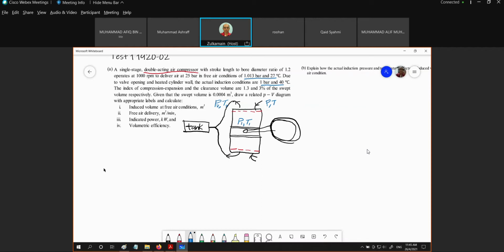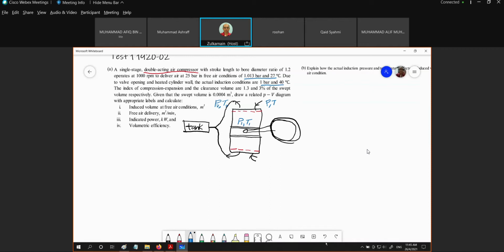We know that the bore D divided by length of stroke L is given as 1.2. It couldn't be this. Usually the L will be longer than D. Oh, sorry, I'm the one who put the wrong equation.